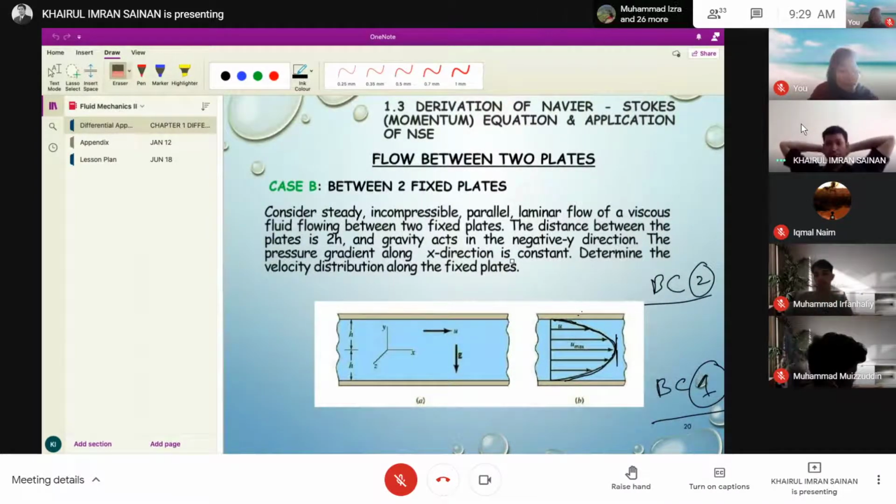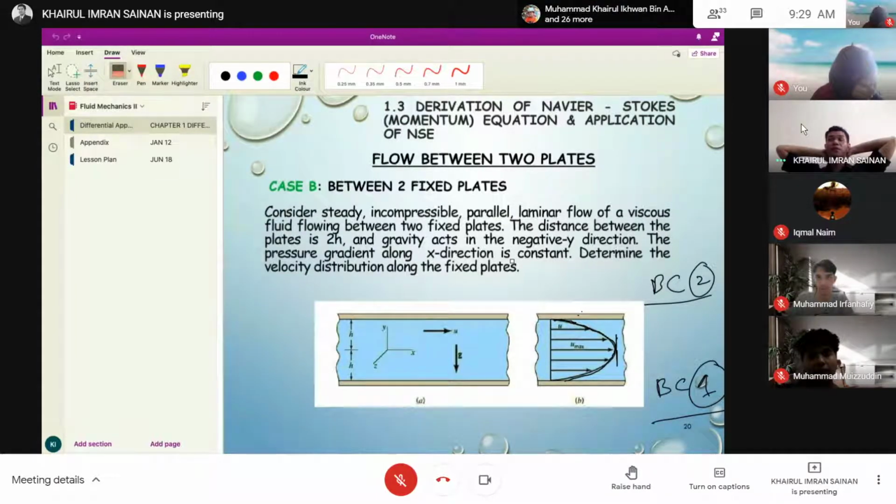Case B is a flow between two fixed plates, but you still have a velocity of fluid flow. The fluid flows due to a pressure difference. Without any pressure difference, there's no fluid flowing at all.